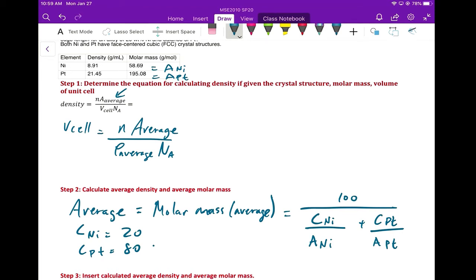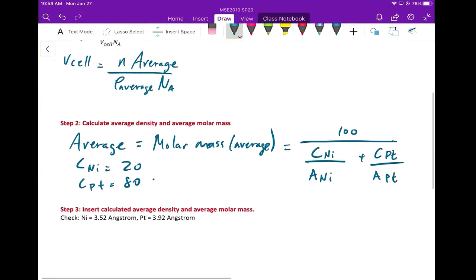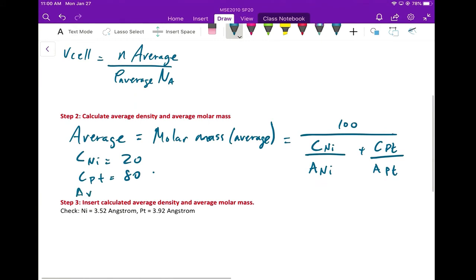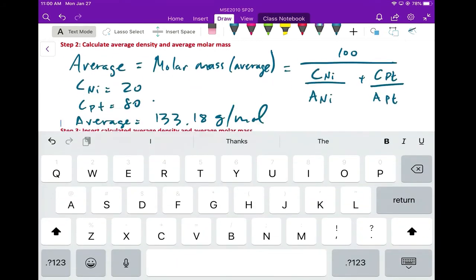Okay, so if we do that, we get, okay? I just plugged in the numbers that we just talked about. For the sake of time, I'm not going to be cranking out these numbers. You can do that as an exercise to follow this, okay? All right, let me go into text mode because it's very clear I need more space.